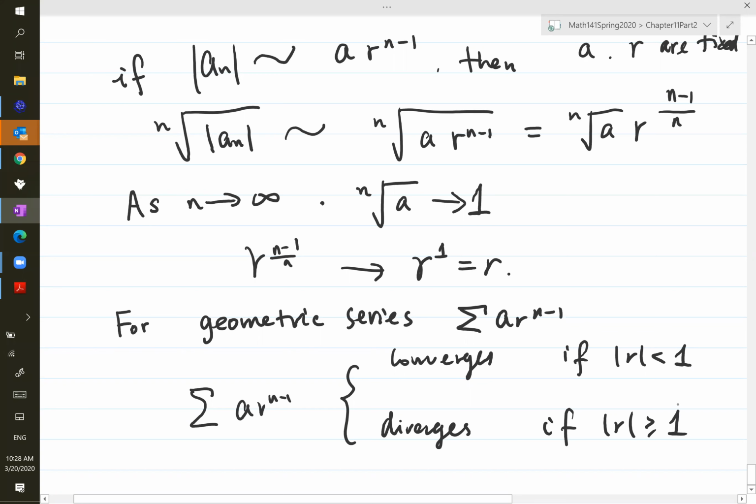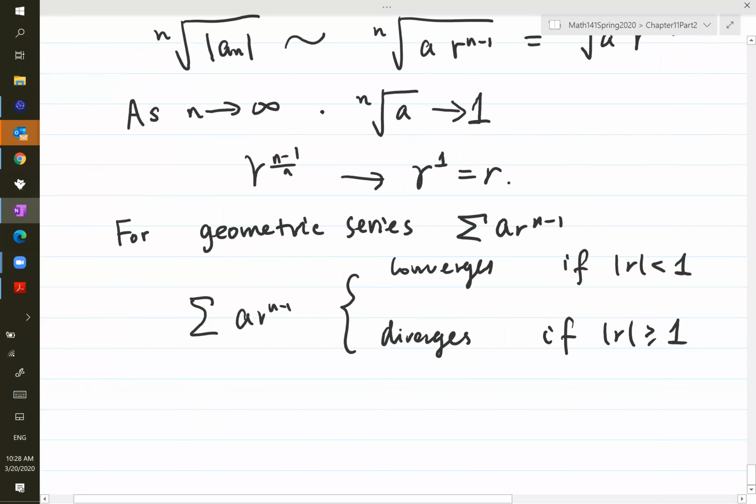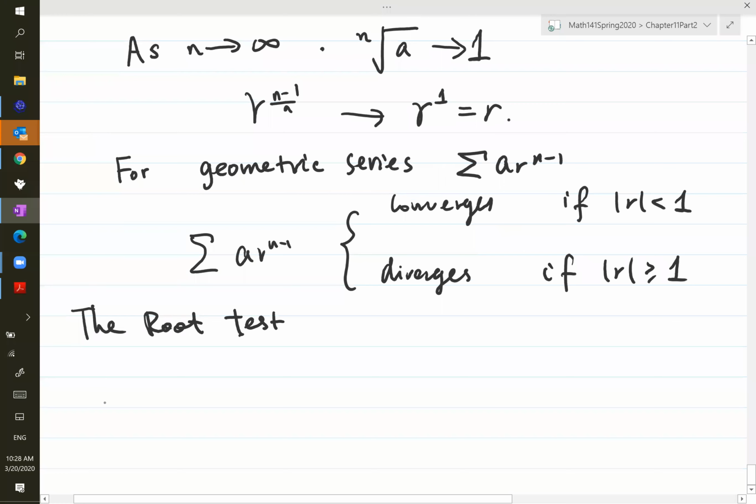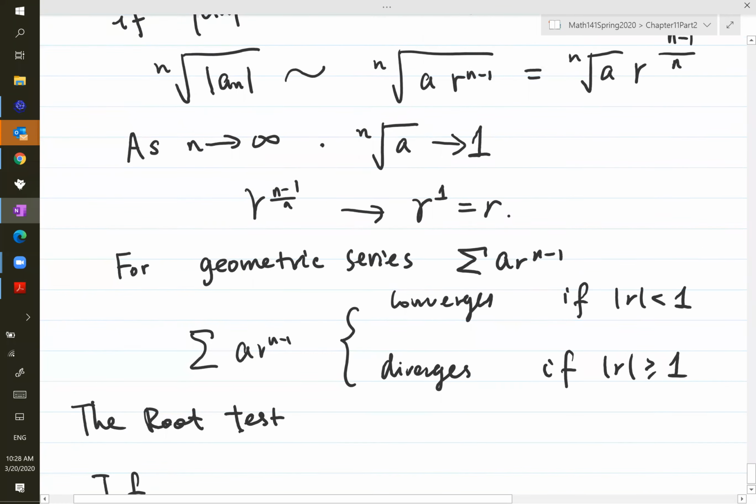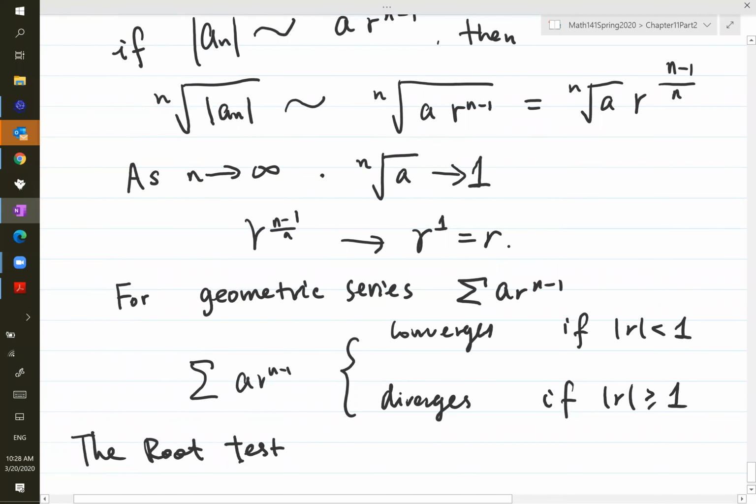So by this comparison with the geometric series, we actually get the root test.